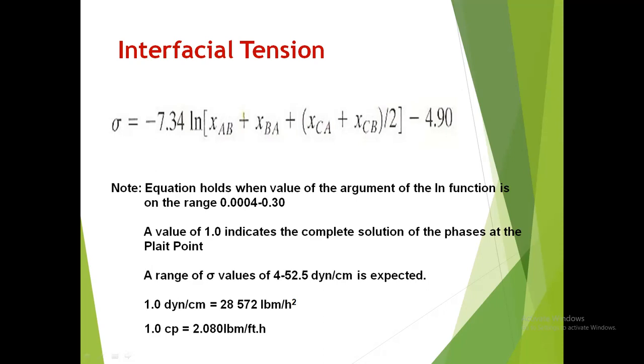Since what you'll get from property tables for interfacial tension is in dyne per centimeter, you need to convert it to pound mass per hour squared if the problem is using English units. So this is the appropriate conversion factor.